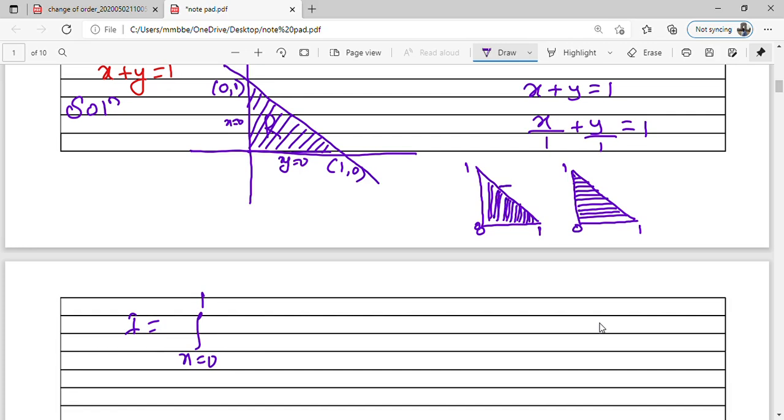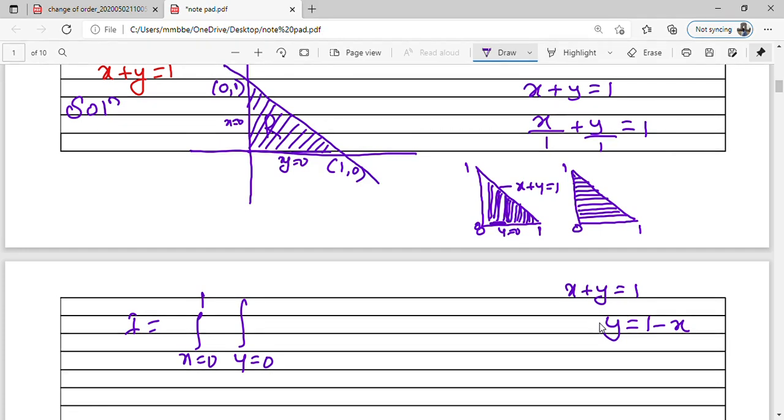We know the equation for this: x plus y is equal to 1. You have to write y in terms of x, so y is equal to 1 minus x. So the height y goes from 0 to this equation.